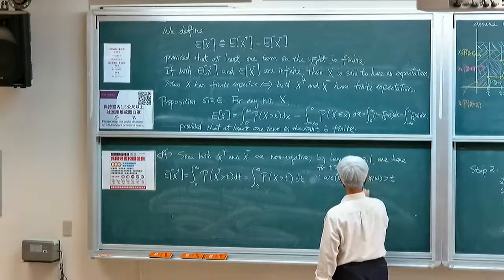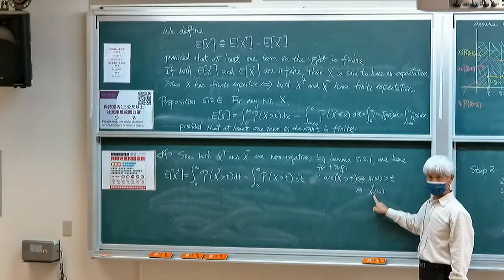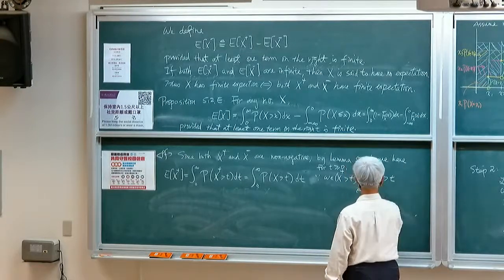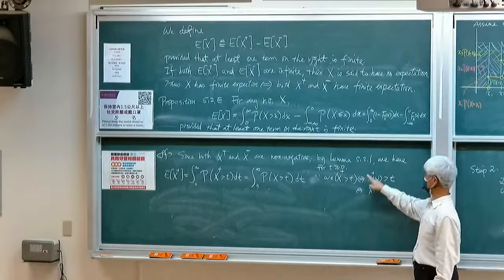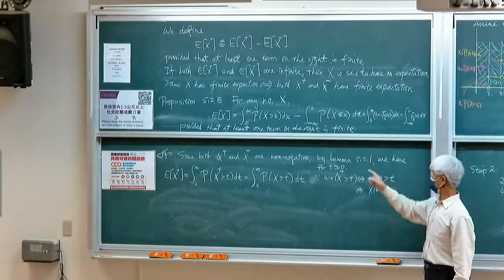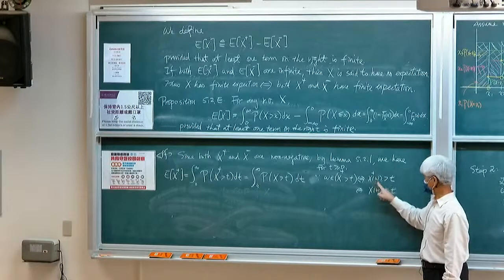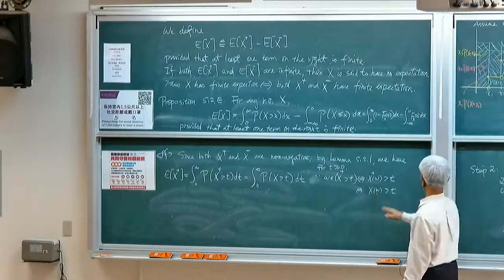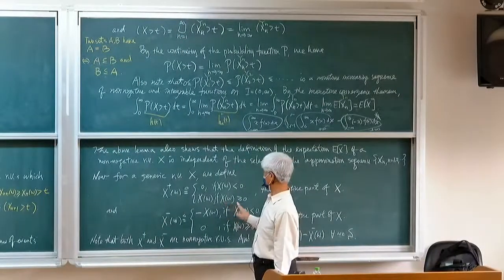And this is so that X of omega is equal to its positive part. So the positive part is greater than t, so that is greater than 0, right? So this is positive. When it is positive, then the value is equal to X of omega. They are the same if they are non-negative.